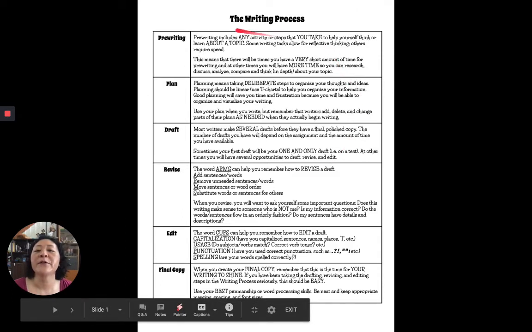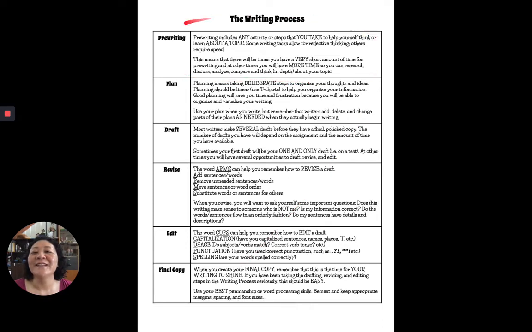Look at that fancy pointer. It means that there will be times you will have a very short amount of time for pre-writing. Other times, like what you'll experience a lot in language arts, you'll have a lot more time, so you can put more effort into pre-writing when you need to research, discuss, analyze, or compare and think about your topic.